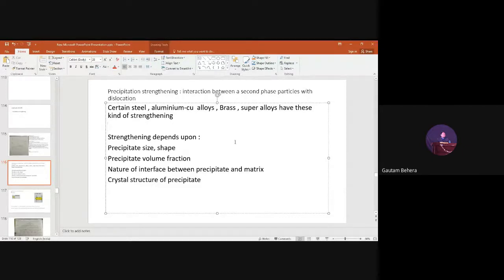Precipitates, you understand, are basically carbides or nitrides or carbonitrides, or some intermetallics.